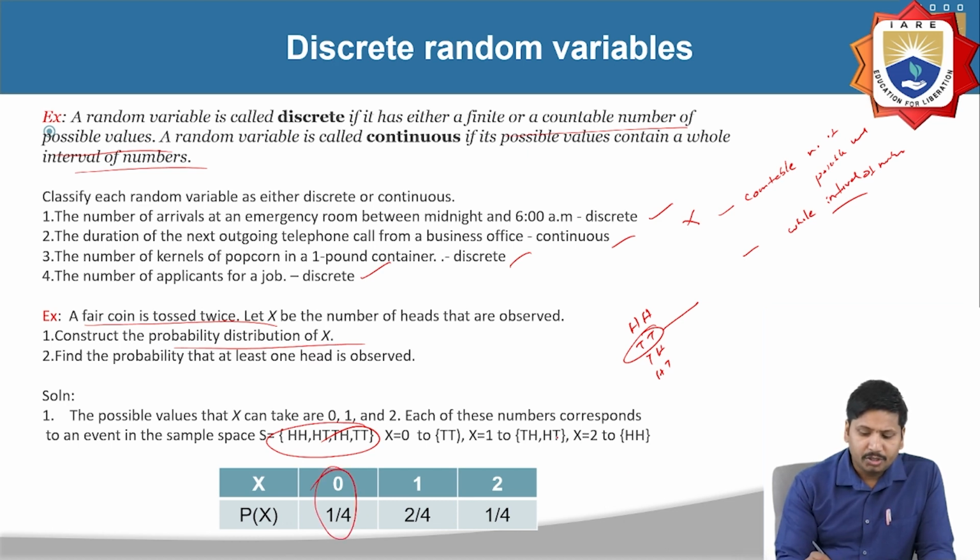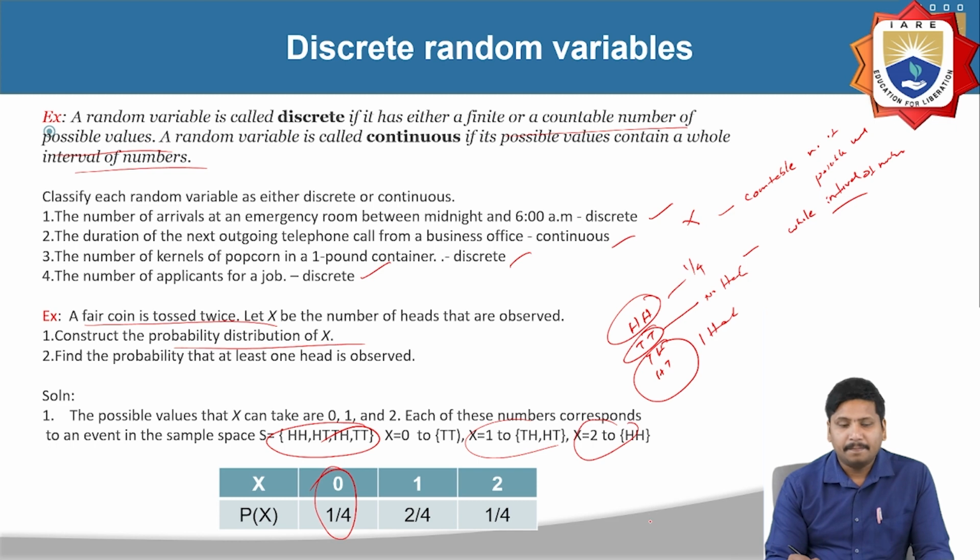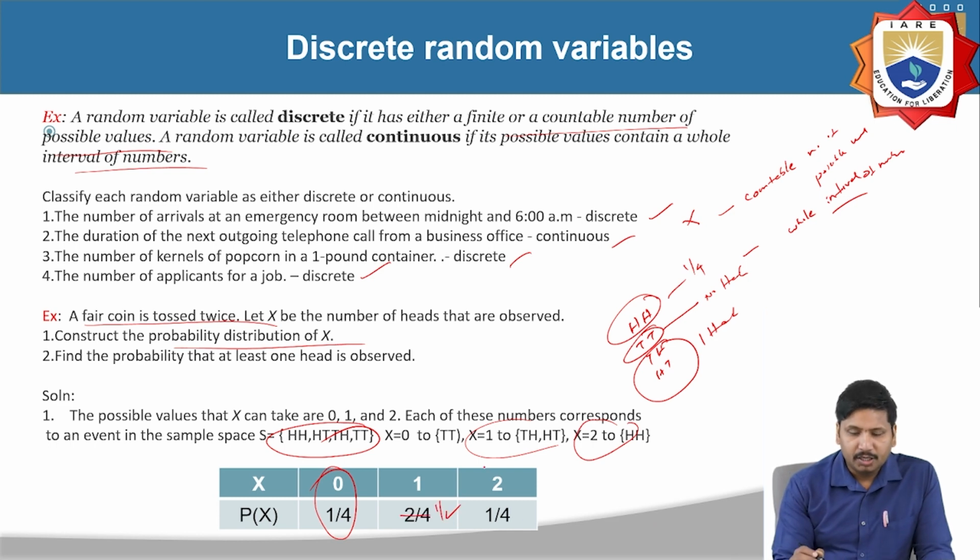X equal to 1 means the probability of getting 1 head, which has 2 possibilities, so that is 2 by 4. And next, the probability of getting 2 heads is only 1, so 1 by 4. Again, 2 by 4 can be written as 1 by 2. So this is one example of a discrete random variable.